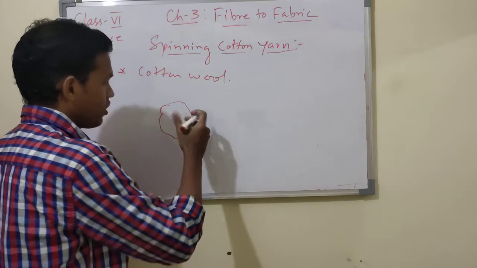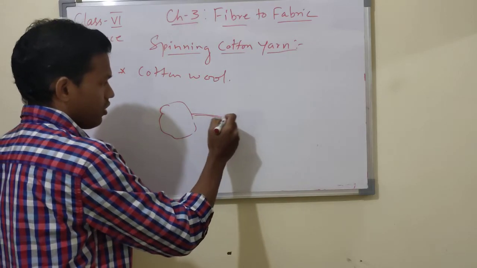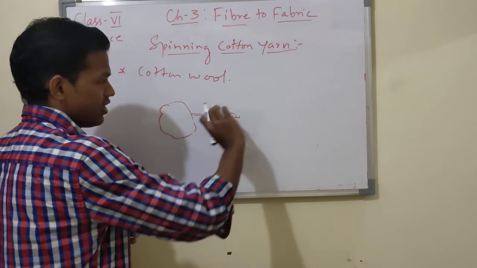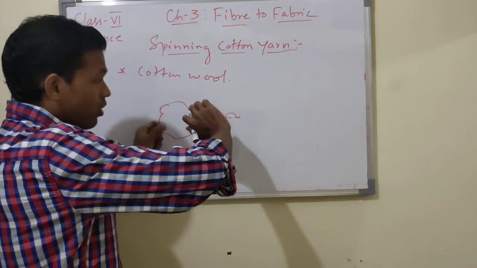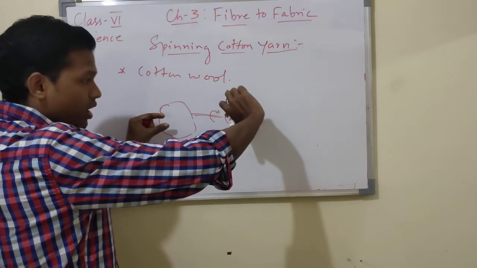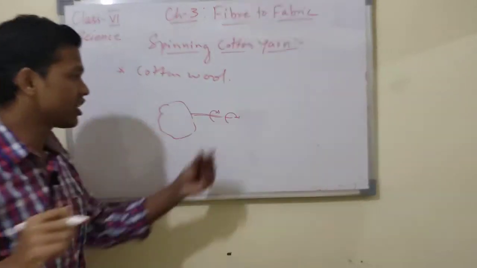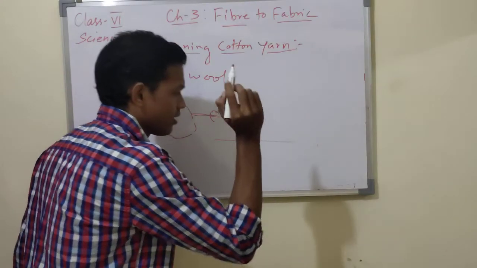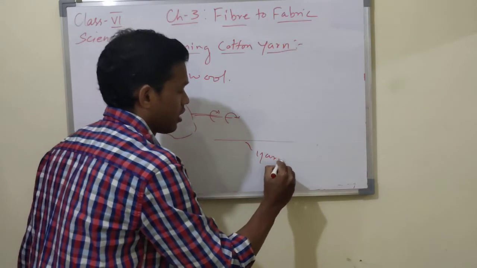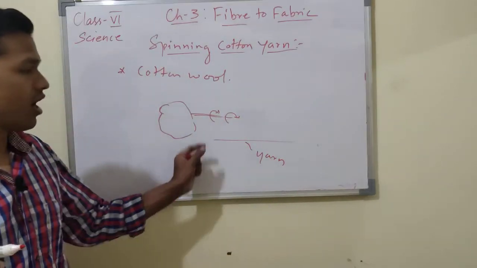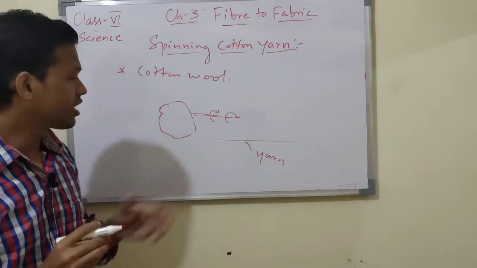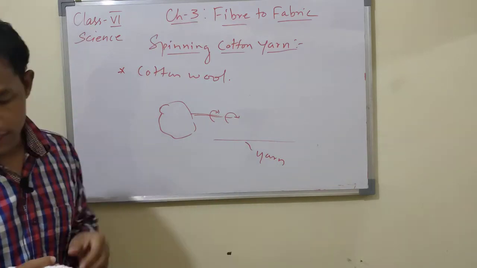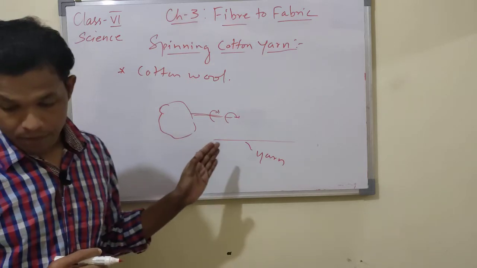While drawing out, you twist continuously in one direction. After twisting, yarn is formed. Yarn means a single thread. So this is how the process of making yarn works.